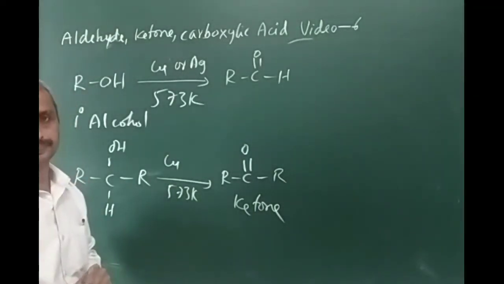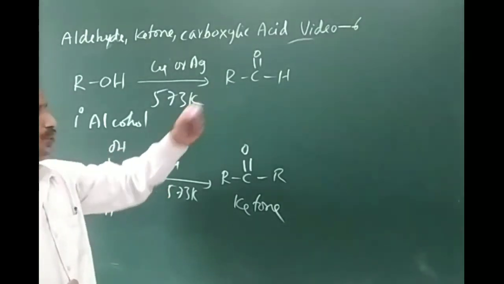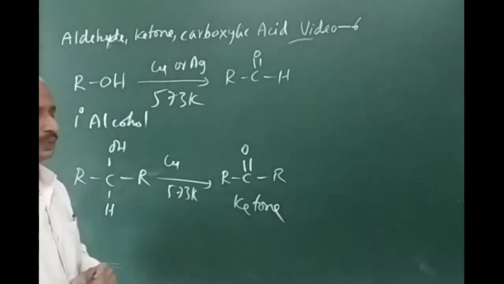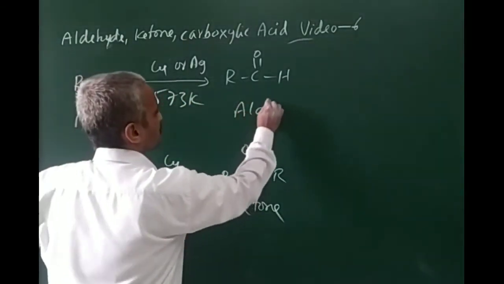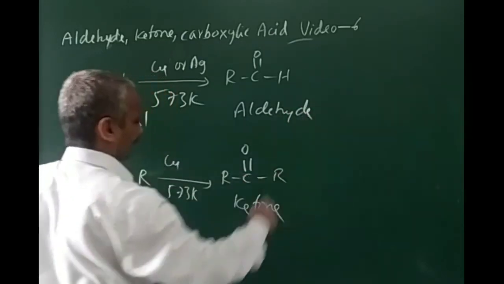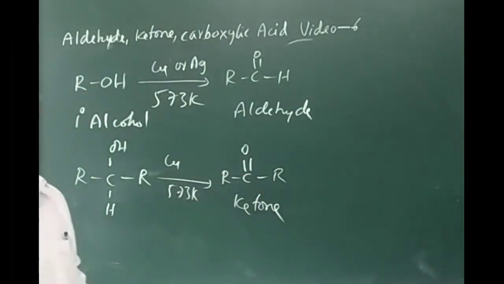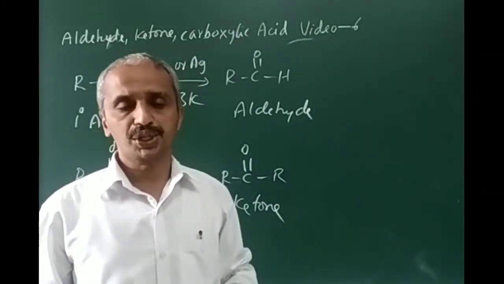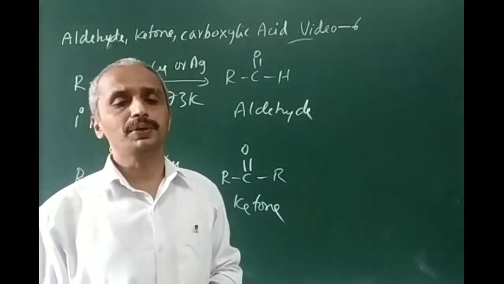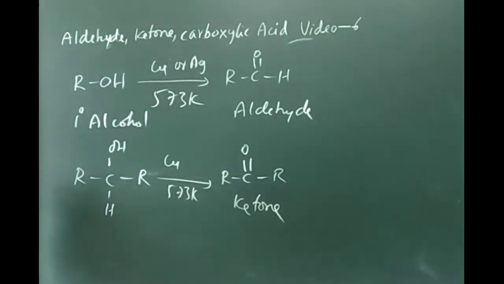You should know this. Plus H2. So I am going to get an aldehyde if primary alcohol is there. I am going to get ketone if secondary alcohol is there. The tertiary alcohol undergoes dehydration and alkene will be the product rather than alcohols. This one you studied in alcohol chapter also. Important only.